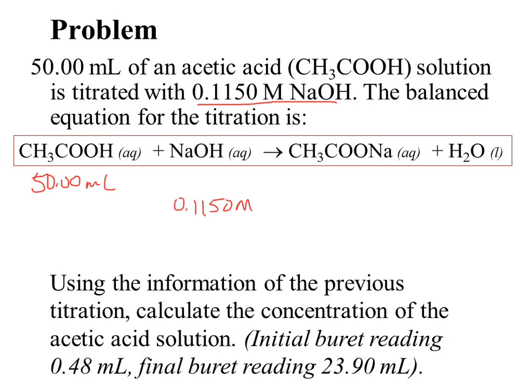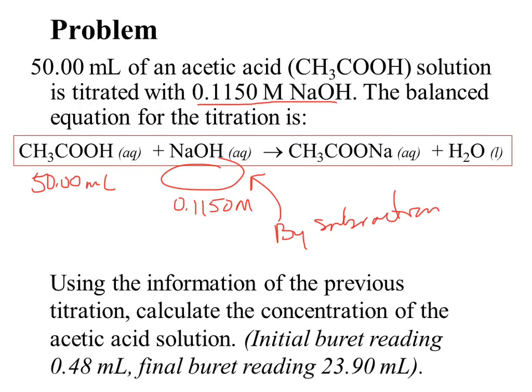So we start a little bit under 0.00, so 0.48 milliliters where we start. After we dispense sodium hydroxide, the volume on the burette read 23.90. Do you see where we can, by subtraction, get this volume? Does that make sense? Are we good with that?